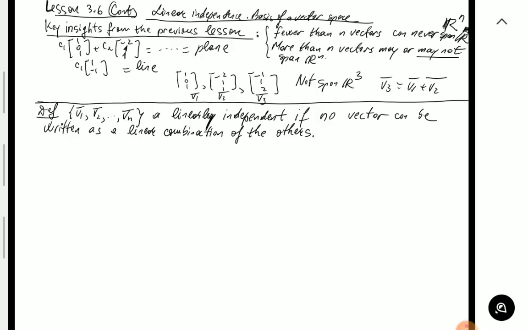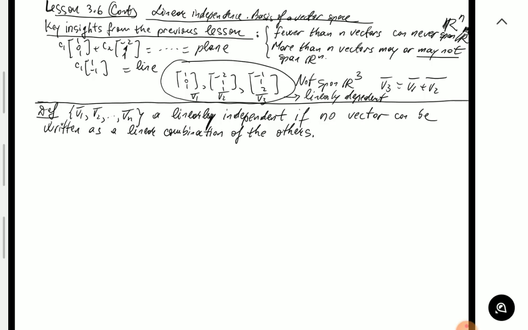Notice that this definition comes from the necessity of establishing when an additional vector really expands the spanning set. If you look at the previous examples that I wrote here, obviously this set of vectors is linearly dependent, because the vector v3, which is the sum of the other two, is a linear combination of the other two.